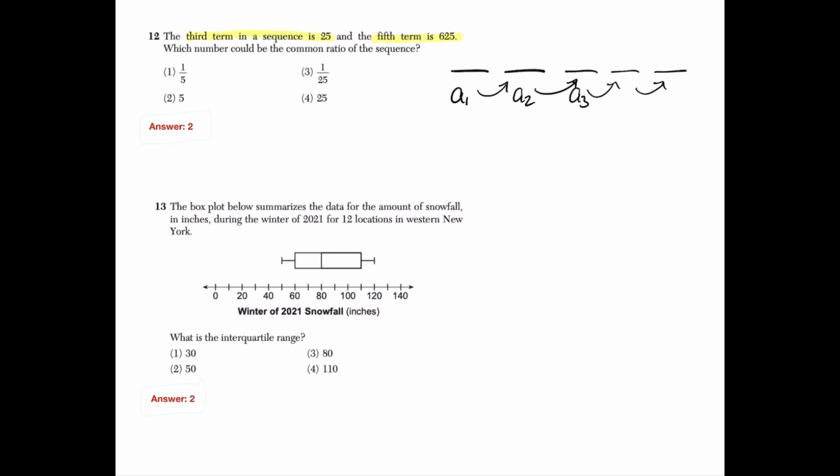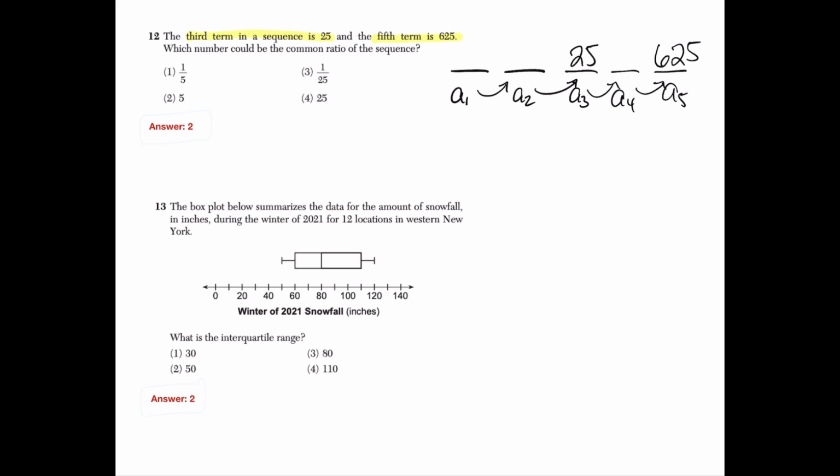The third term I do know is 25. I don't know the fourth term, but I know the fifth term is 625. And I know that to get to the next one, because I'm talking about ratio here, I'm multiplying between these numbers by the same number each time. So whatever this number is, I'm multiplying it with each one.